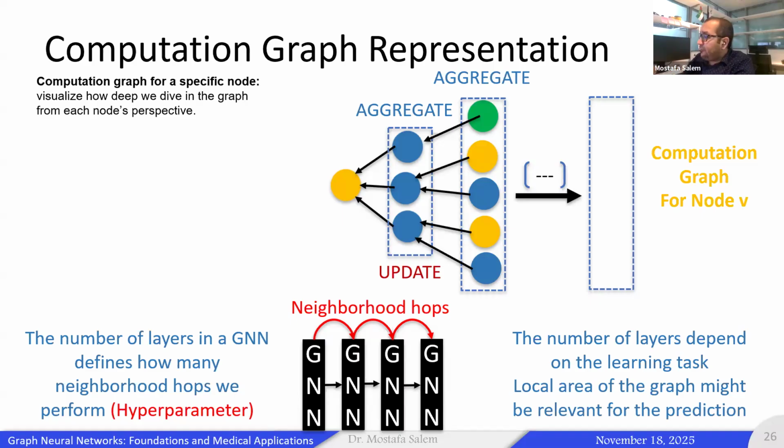A local area of the graph might be relevant for the prediction. If I have a social network graph, each node represents a person. If I want to know about you, I think 3 or 4 or 5 hops will be sufficient to collect information about you, your friends, friends of friends, and friends of friends of friends.